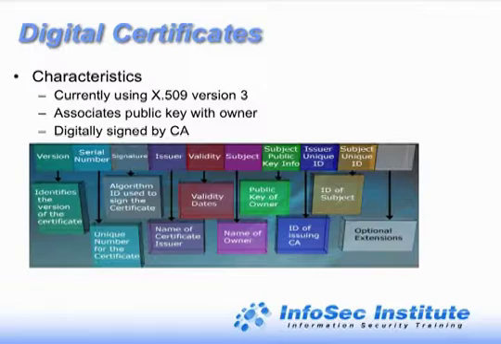There's the issuer, the name of the certificate issuer, which is usually either, for example, Thawte, VeriSign, or the PKI server itself. You see the validity, the subject, the name of the owner, then subject public key information, all the way through to the subject unique ID.